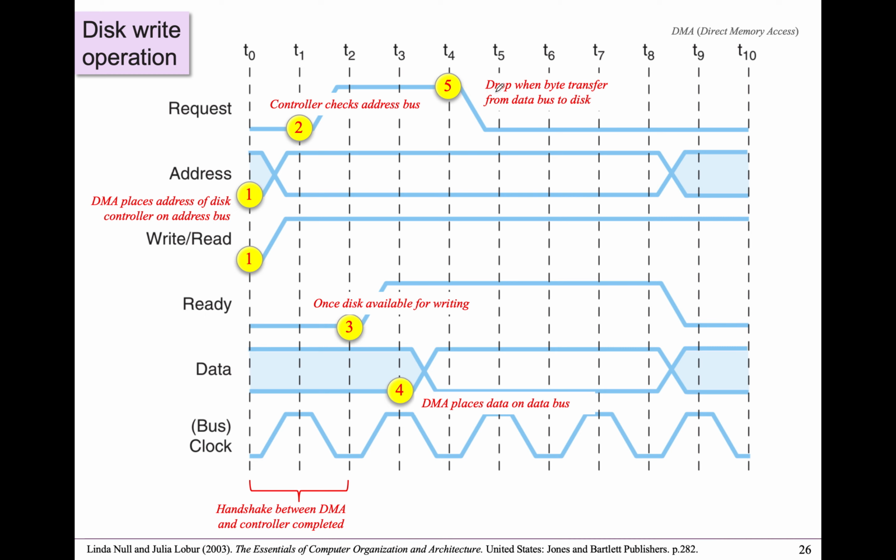And then the fifth is drop when the byte is transferred from the data bus to your disk. Once writing is complete, other devices may use the bus.